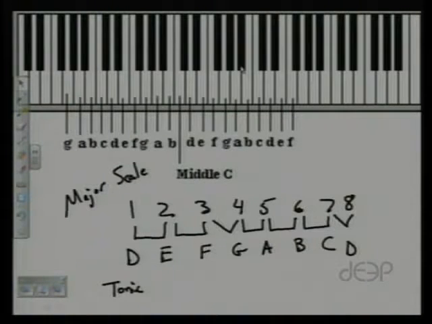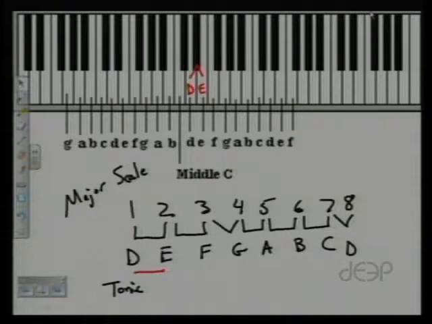Now the next thing we have to do is to take a look at this whole step, half step pattern, compare it to the piano keyboard, and make sure that it lines up. So let's do that. We're going to start here with the note D. From D to E has to be a whole step, and it in fact is a whole step.